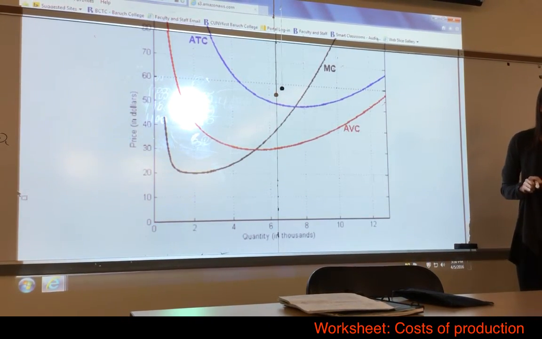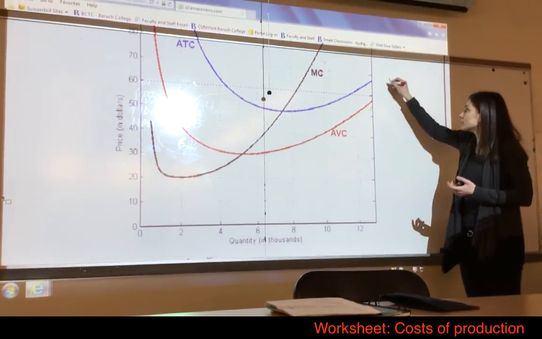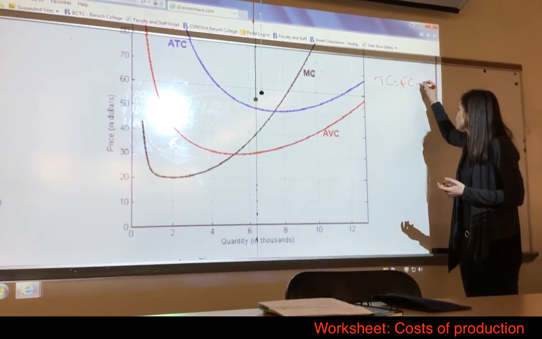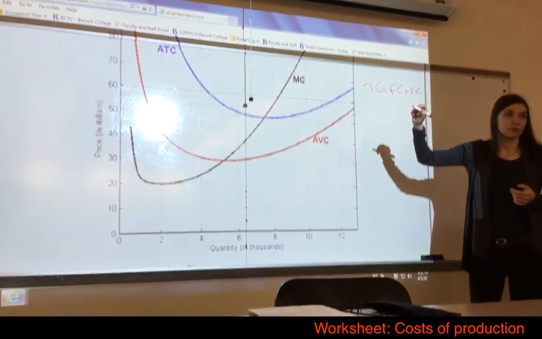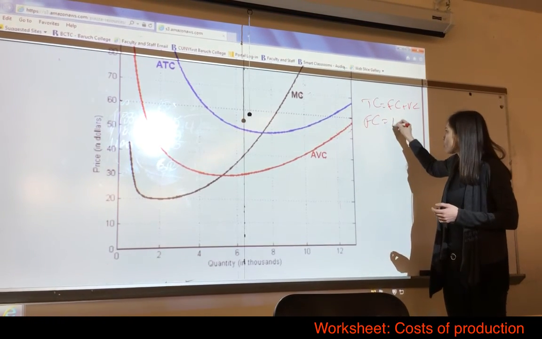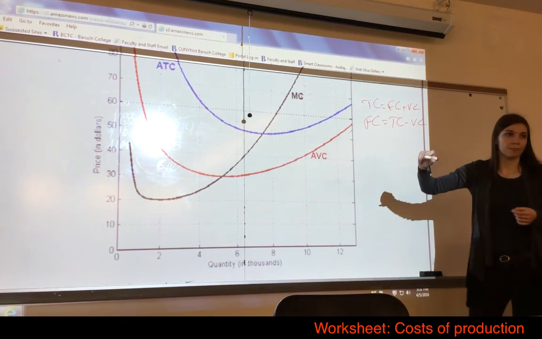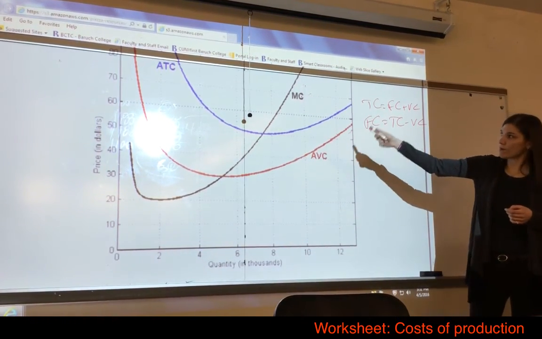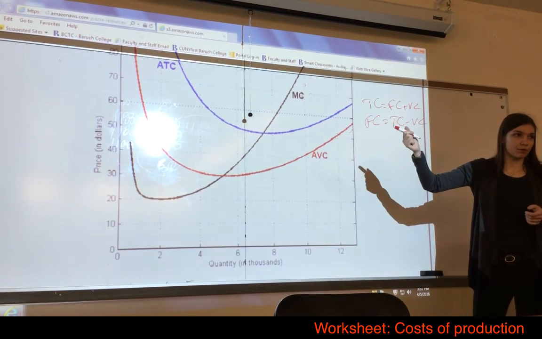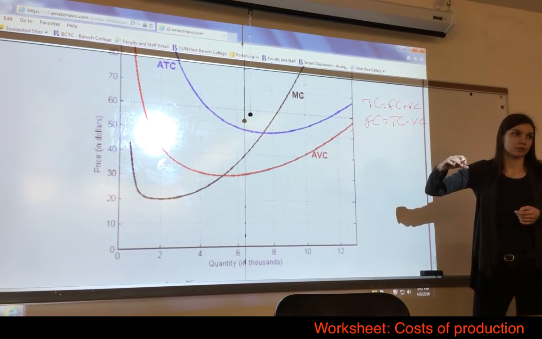What we know about total cost is fixed plus variable. So fixed would be total minus variable. But I have average total and average variable, so I need to find them first.